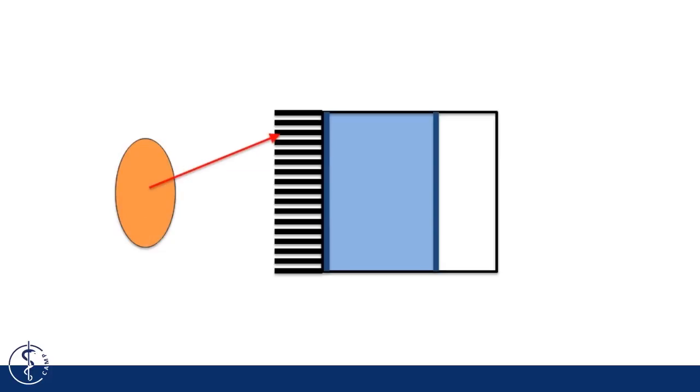It emits photons in all directions, but because of the collimator, only some reach the detector crystal. When a photon interacts with the detector, it is absorbed and creates a large number of electron-hole pairs. Because of a high electrical field between the electrodes, the electrons, here in yellow, travel towards the anode at the back of the detector, where they are amplified and processed by electronics.